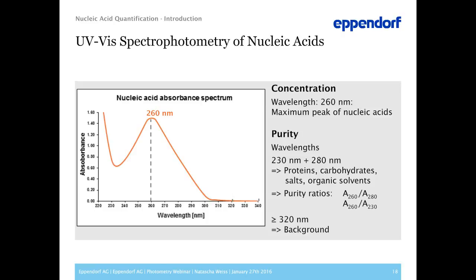These wavelengths are used to calculate the purity ratios A260 to A280 and A260 to A230. For determining the background, a measurement at 320 nanometer or 340 nanometer is typical, since nucleic acids do not absorb in this range.